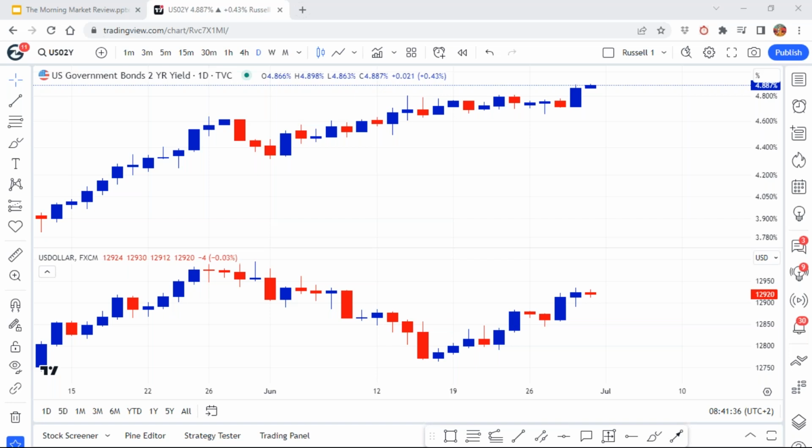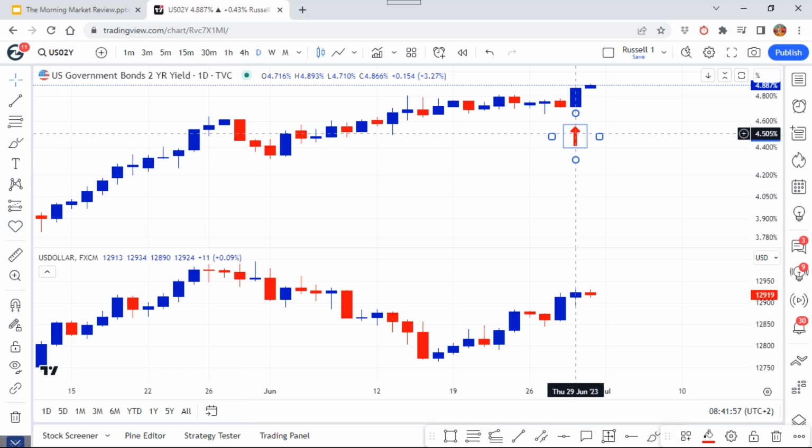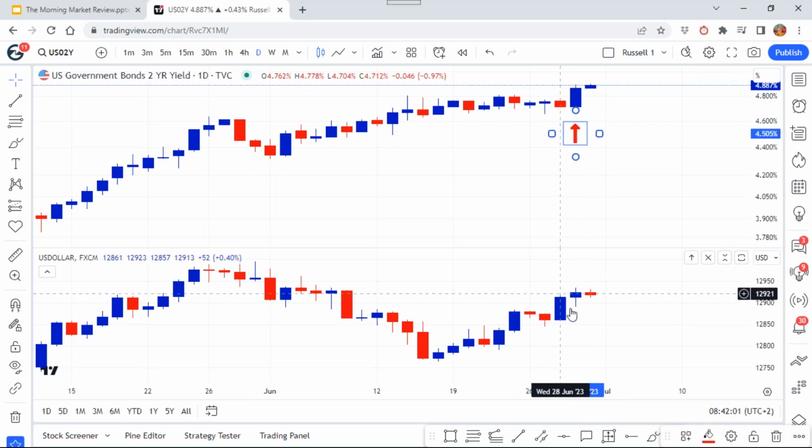We also had unemployment claims coming in lower than expected, at 239,000 versus 264,000, and as a result, yields pushed higher.